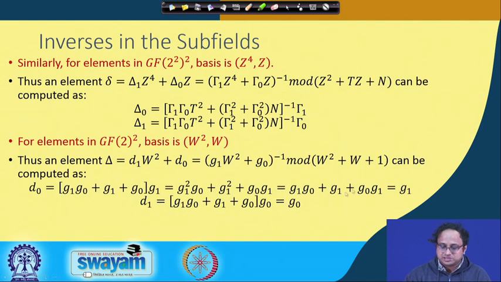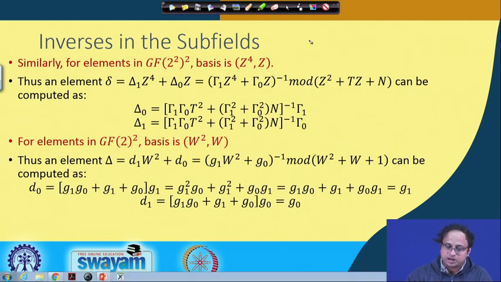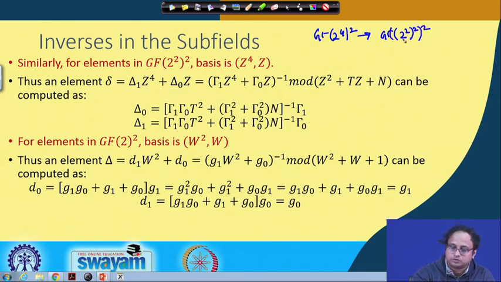What I am trying to do is kind of similar to what we have done previously, which is to express an element in GF 2 power of 4 whole square in terms of GF 2 power of 2 whole power of 2 whole power of 2. That is essentially my final objective.